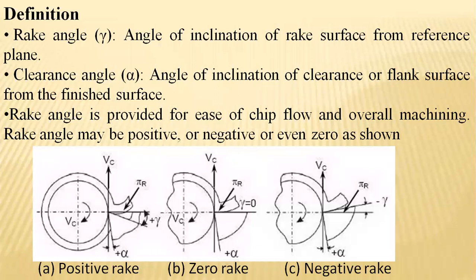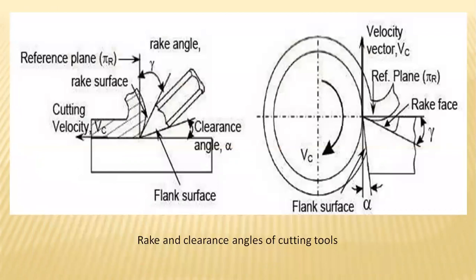Let's convey what is meant by this rake angle and what is meant by this clearance angle in depth. The angle of inclination of the rake surface from the reference plane is called the rake angle. As we have seen in the before diagram, this is the rake angle. From the reference plane, from where the visualization is going to be commenced, it is denoted with respect to gamma.